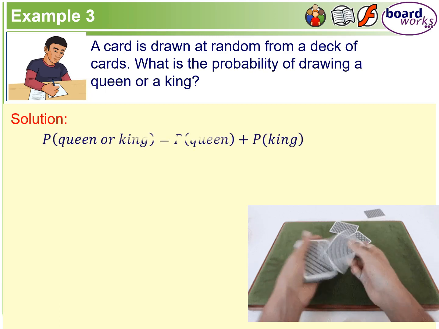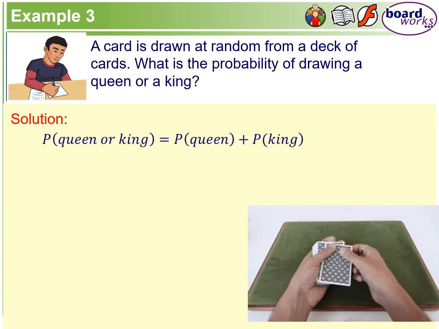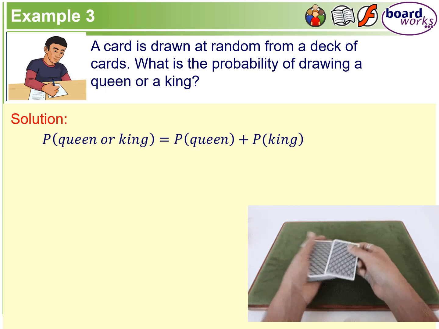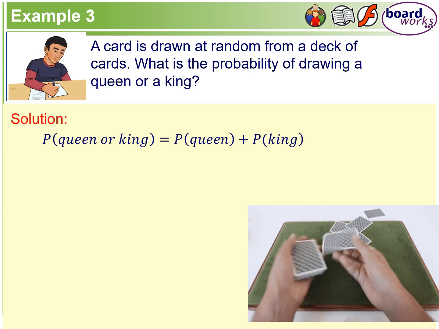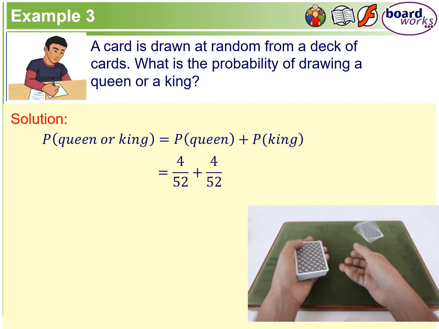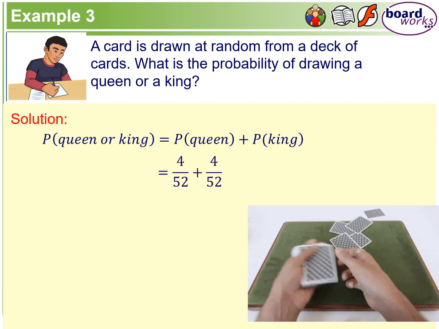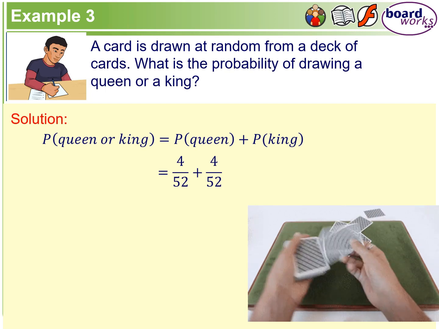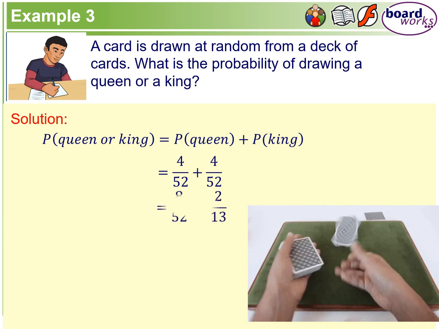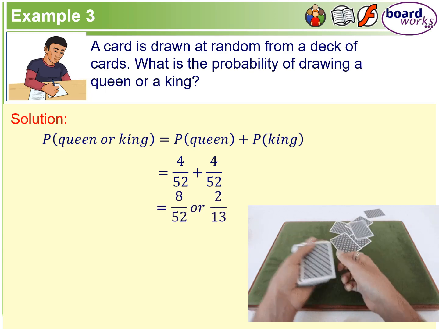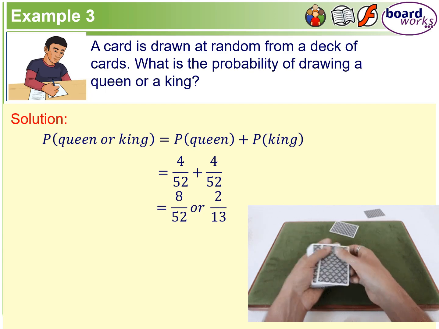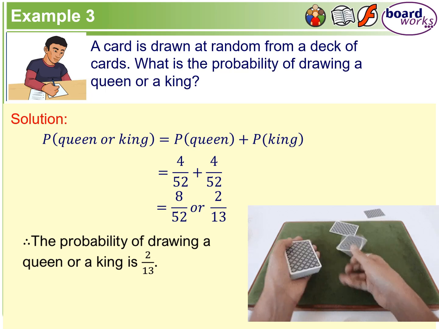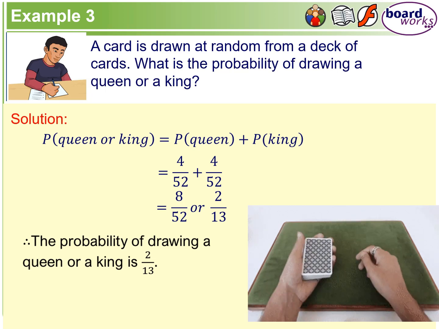Thus, the probability of queen or king is equal to the probability of queen plus the probability of king. How many queens are there in a deck of cards? There are 4, right? Also, there are 4 kings, and there are 52 cards in all, so 4 over 52 plus 4 over 52, that is 8 over 52, or reduced to the lowest terms, 2 over 13. So the probability of drawing a queen or a king is 2 over 13.